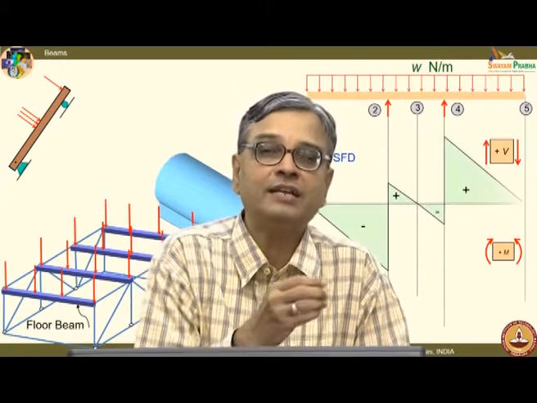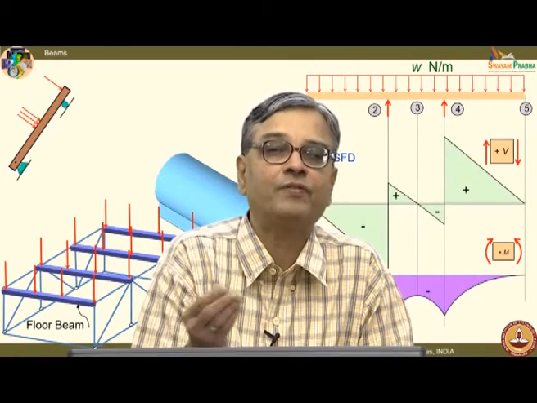Then we looked at several examples of what is a beam in things around you. And I said, of the distributed loading, you should be comfortable in handling uniformly distributed load and triangular loading, because these types of loadings you come across in many practical applications.